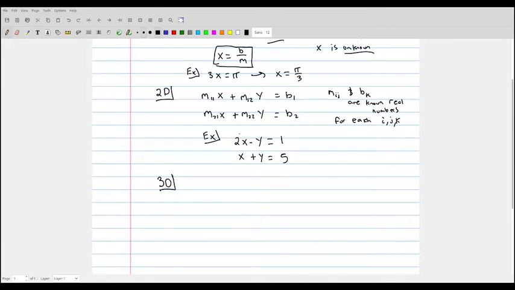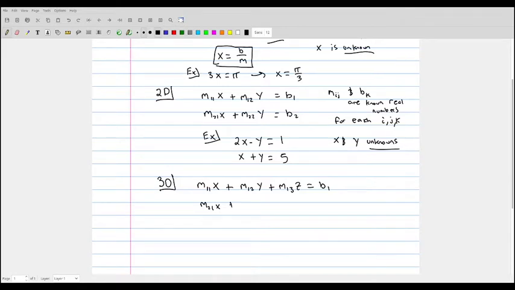But the idea is very general. We can consider a system of three unknown variables. So in the 2D example, x and y are the unknowns that we would have to solve for. In a linear system of three variables, you'll have a number times x plus a number times y plus a number times z equal to some number b1.